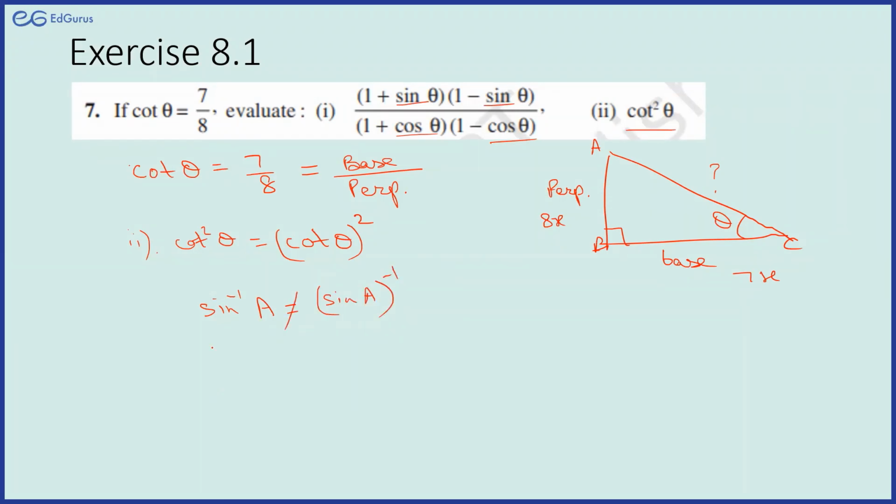It's not this. This is different. Okay, this you will study in higher classes. But for now, just remember this. Cot square theta is nothing but square of cot theta. Sine square theta is nothing but square of sine theta.